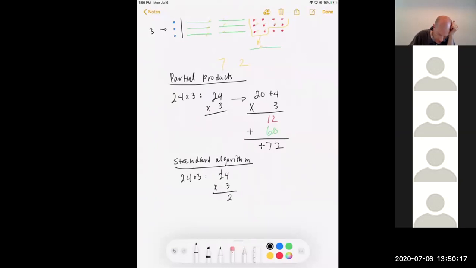Four times 3 is 12, and then put the 1 above the 2. And then my 2 times 3, which is 2 tens times 3, is 6, and add the 1 is 72. So much more compact than something like partial products or a diagram.